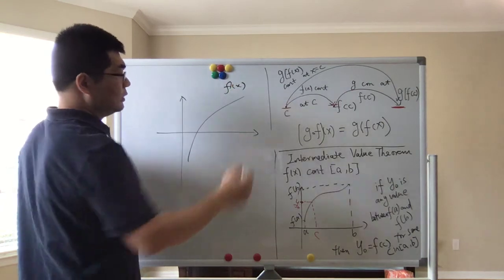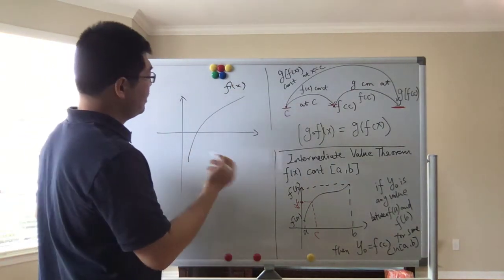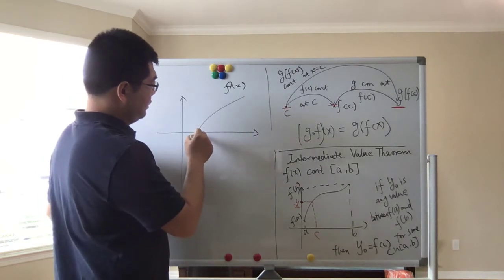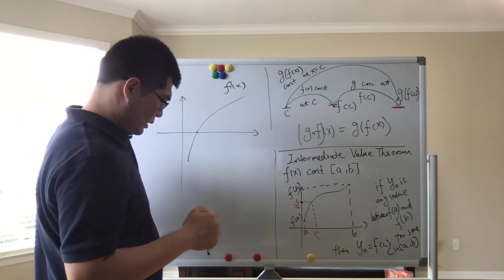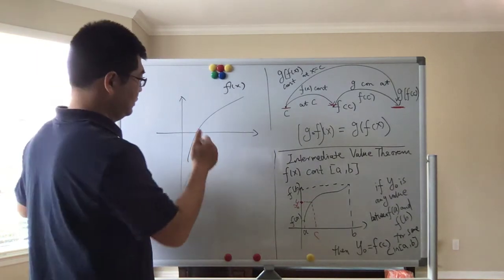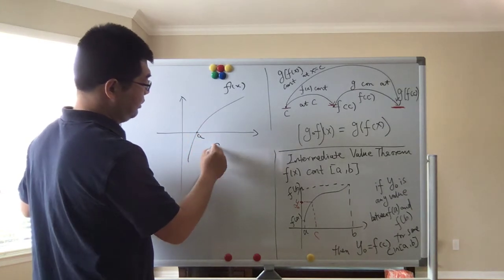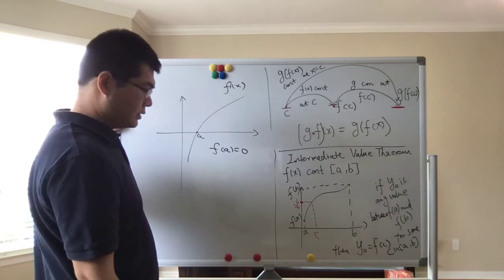So let's say we have f of x. One of the key parts of numerical methods is to find the zeros of a given function. In other words, suppose this is a, okay? We know f of a equals 0, right? Which is the x-coordinate, the x-intercept.